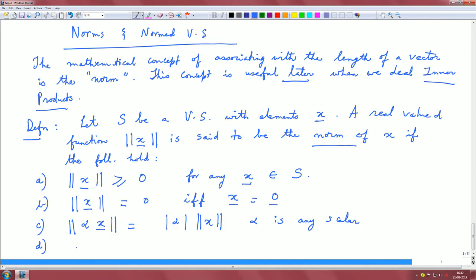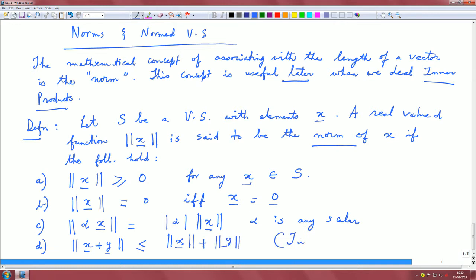And norm of x plus y is less than or equal to norm of x plus norm of y.